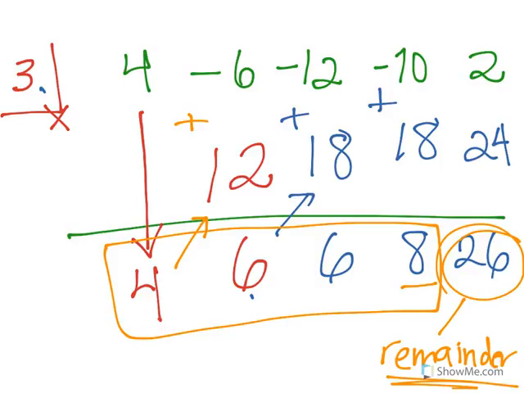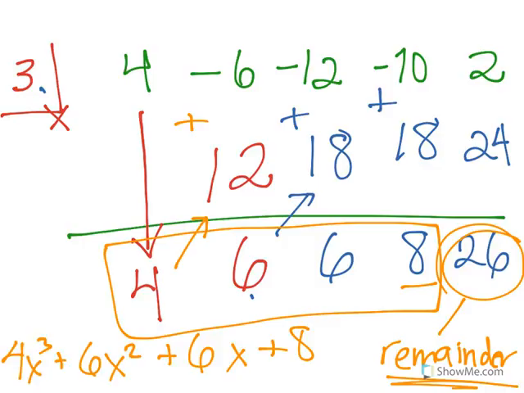So this is our constant term. The next one is the one with the x, the next one with the x squared, and the last one the coefficient of x cubed. So this is our result.